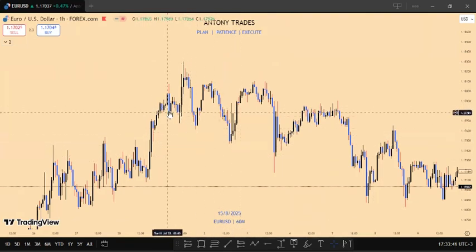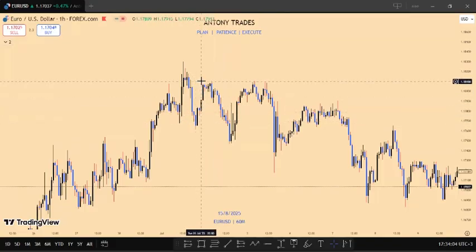And when I say three candles, remember I've not said three bullish candles or three bearish candles. It doesn't matter whether they are bullish or bearish, provided I have three consecutive candles that are closing above each other, then that is a valid pullback for me.